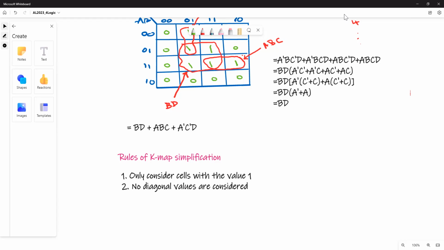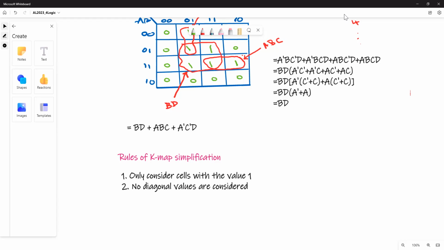So that means either you can have it like this, so that you can make the group like this.